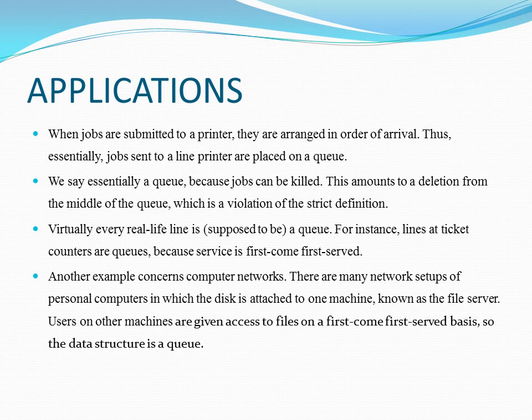But in a stack, the insertion and deletion take place at only one position called top. Here in a queue, we can apply two operations, NQ and DQ. It's a queue model. NQ x comma Q means we are inserting element x into the queue. DQ means we are deleting one element from the queue.